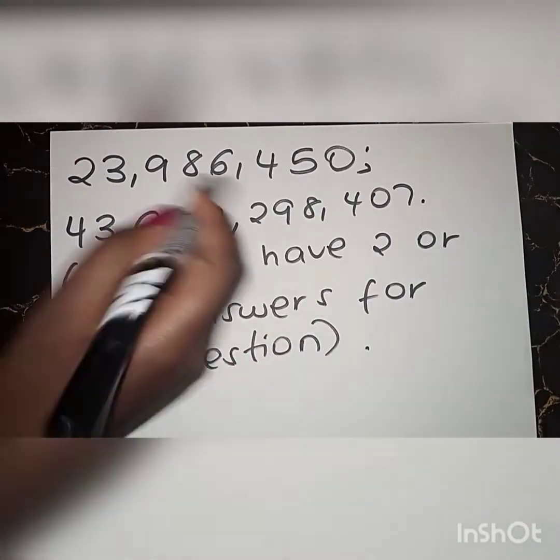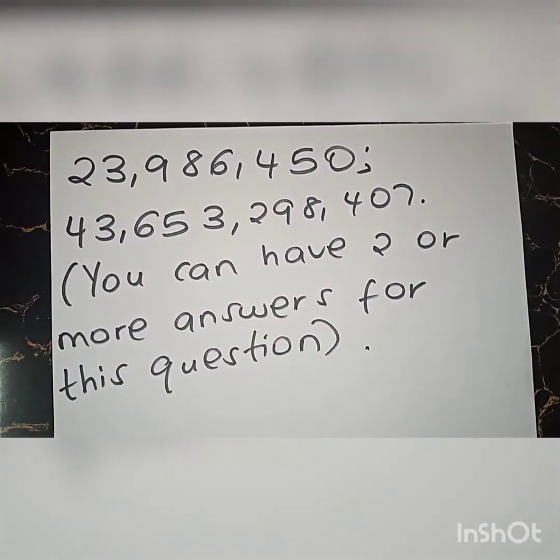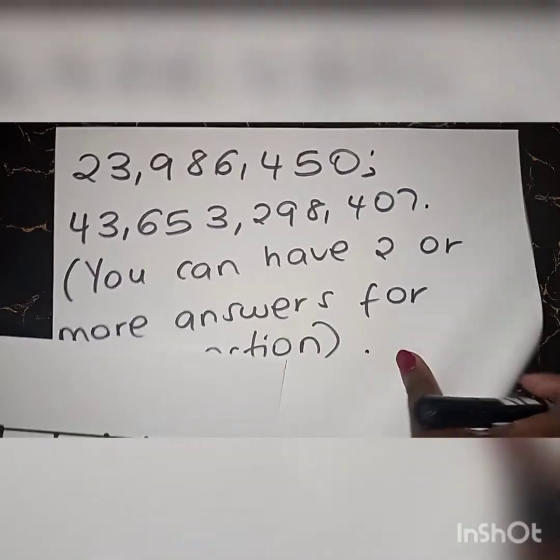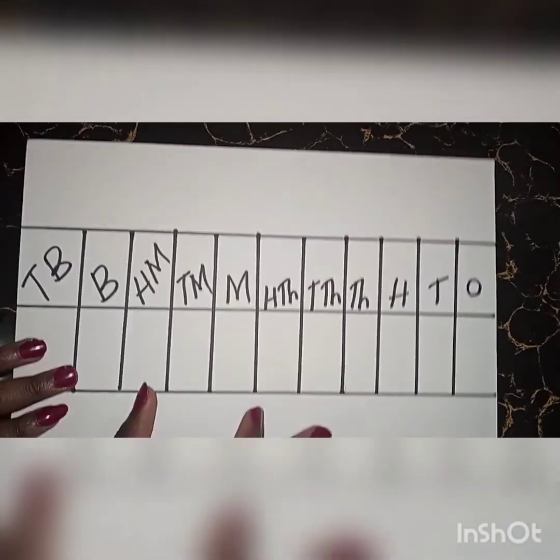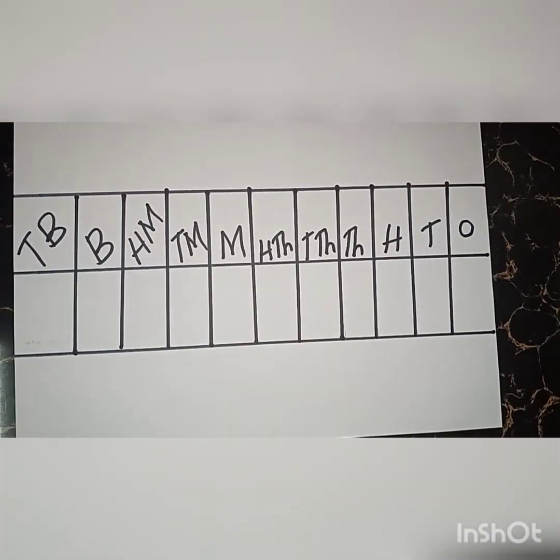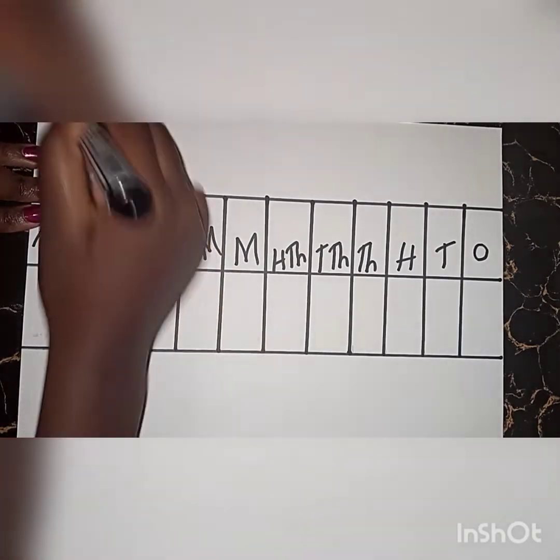Okay, let's look at the third, yes, the third number. This was the third number. So same thing here, same concept. We'll need another place value table, just like the ones we've been having. Okay. And yeah, the third number is, let me write the number here so that we can follow easily.